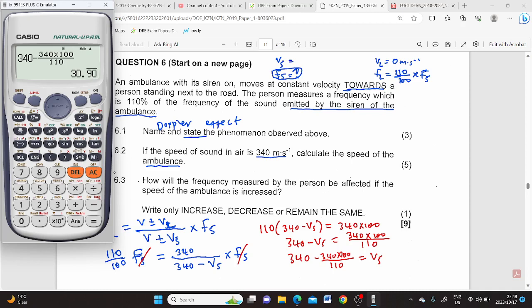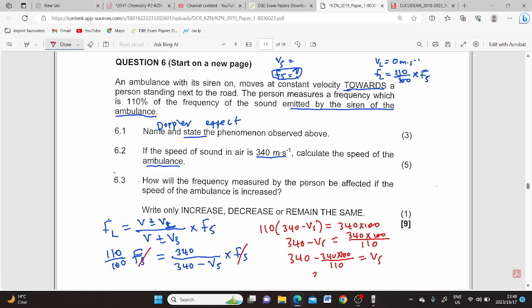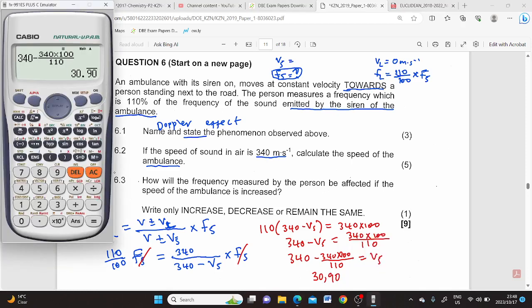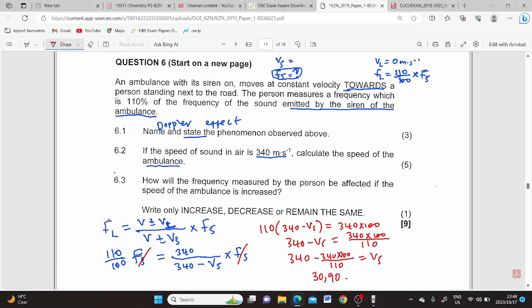The speed then will be 30.90, 90, that is 30.91 meters per second. Now that will be the speed of the sound source.